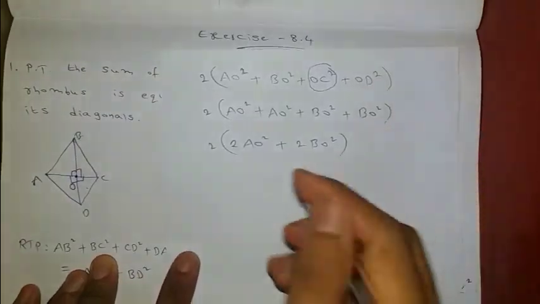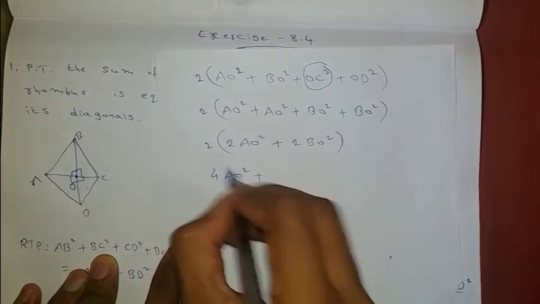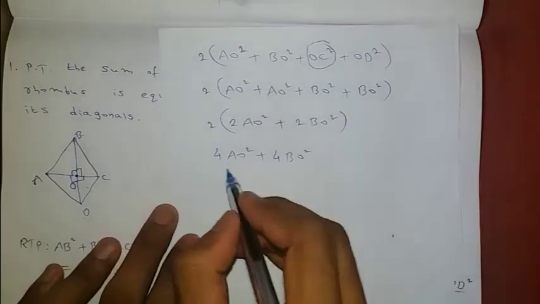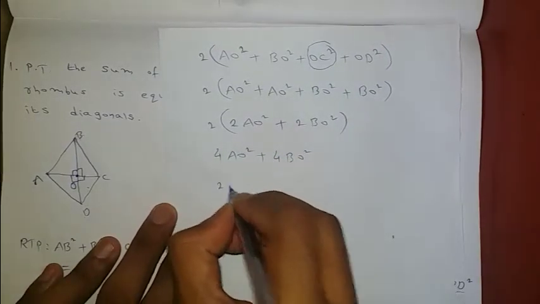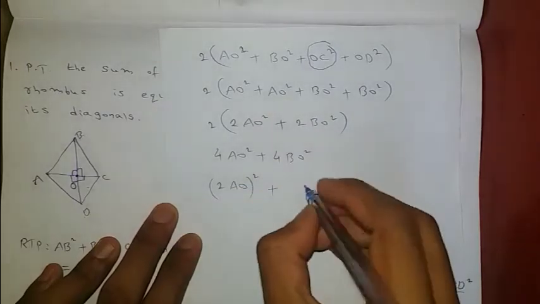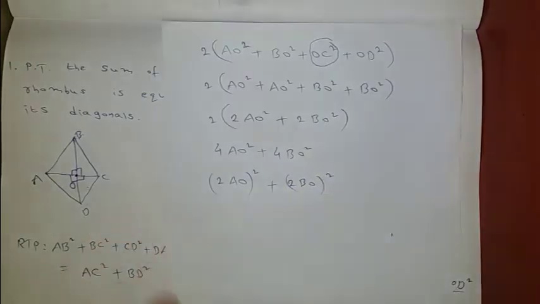Now I will open the bracket, 2 into 2, 4 AO square plus 2 into 2, 4 BO square. Now this 4 AO square I will write as 2 AO whole square plus 4 BO square I will write as 2 BO whole square.